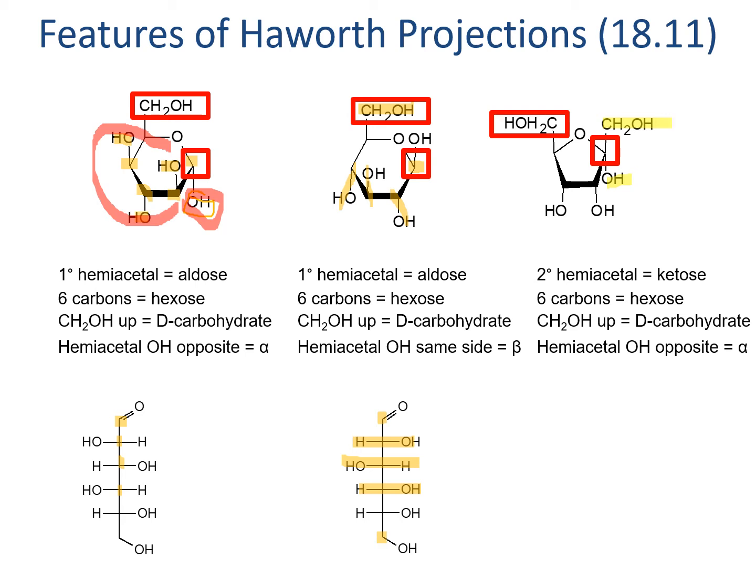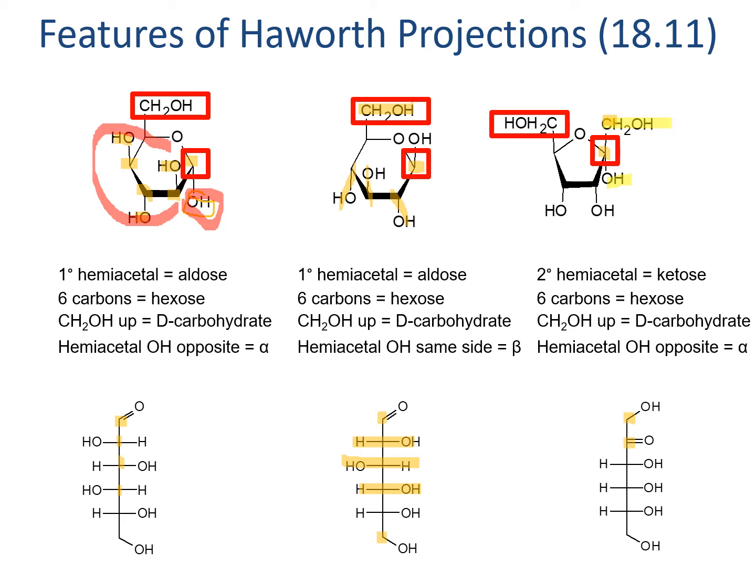Now try the last one. This molecule is a D-ketohexose, meaning the first carbon isn't chiral, and the second carbon is a ketone. So we have 1, 2 carbons before we start to hit actual chiral centers, corresponding with 1, 2 down here.